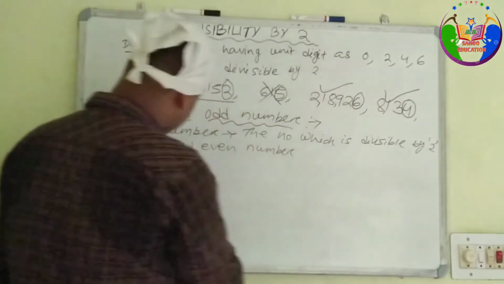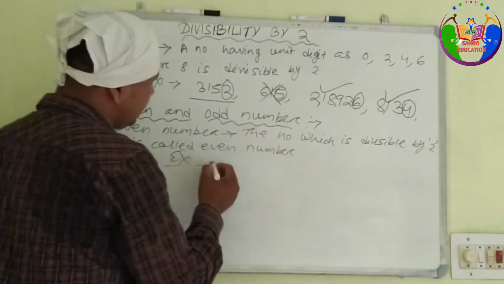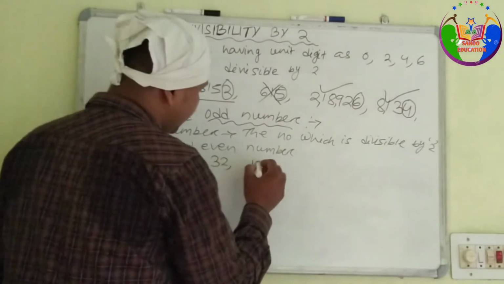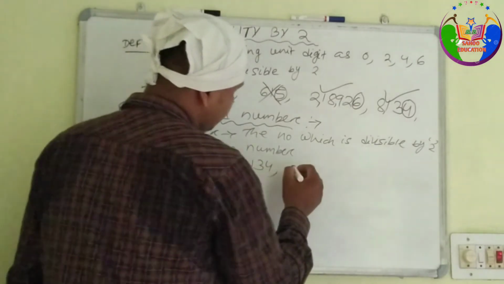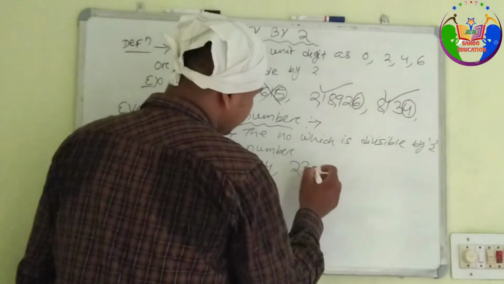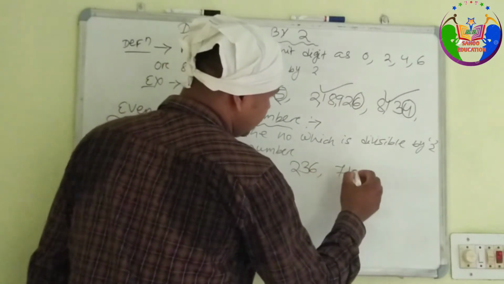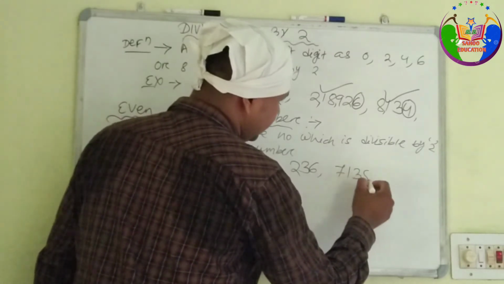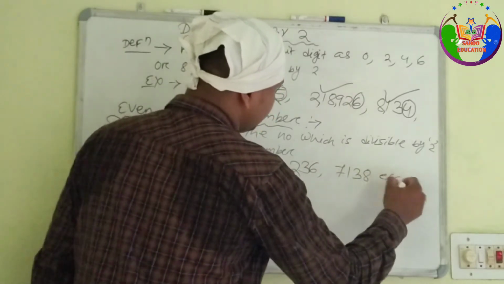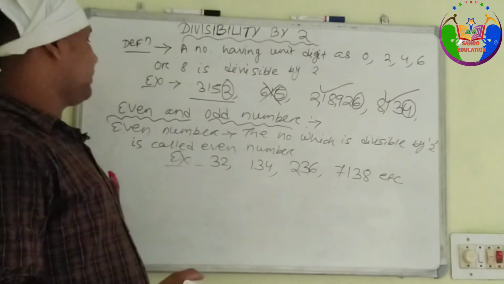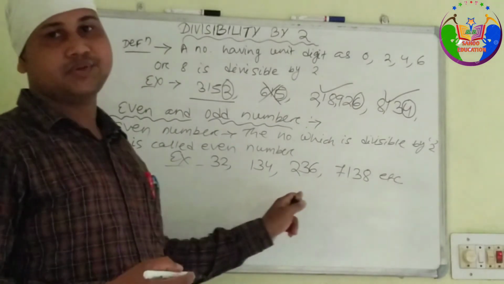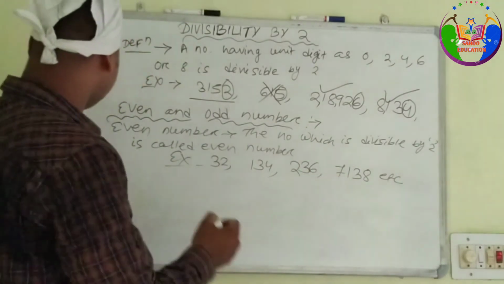Example, we'll take some examples like 32, 134, 236, 7,138, etc. These are even numbers because they are divisible by 2.